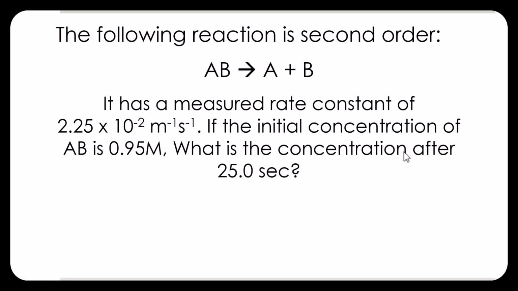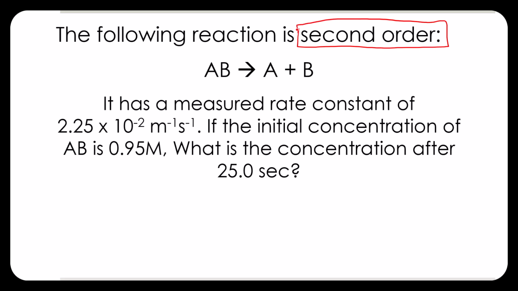AB decomposes to form A plus B. It has a measured rate constant of 2.25 times 10 to the negative 2 molarity and seconds to the negative 1 are the units. If the initial concentration of the reactant AB is 0.95, what is the concentration after 25 seconds? So things to point out here, this is second order.